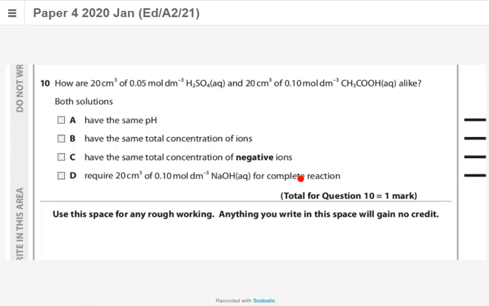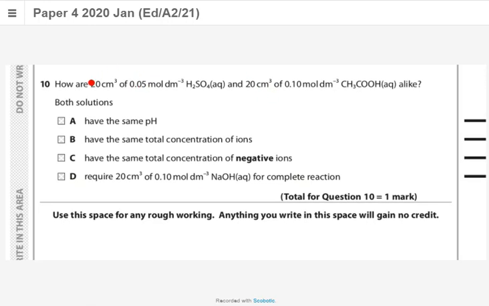The concentration of ethanoic acid is double that of the sulfuric acid, and the volume is the same. But anyway, pH can't be the same because one is a strong acid, the other a weak acid.